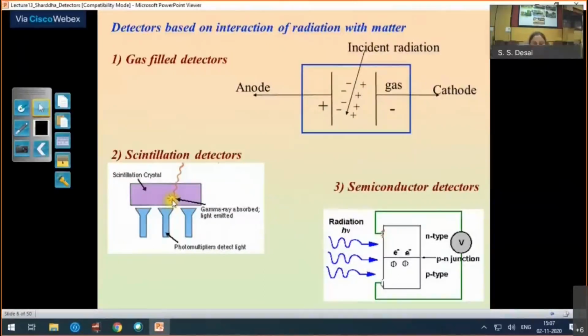Here excitation and de-excitation are carried out, so the de-excitation photons are detected, and that is how scintillation detectors are used indirectly. In the case of semiconductor detectors, you have a reverse-biased NP junction where the incoming radiation creates a bunch of electron-hole pairs, and these create a recordable pulse which represents a radiation.